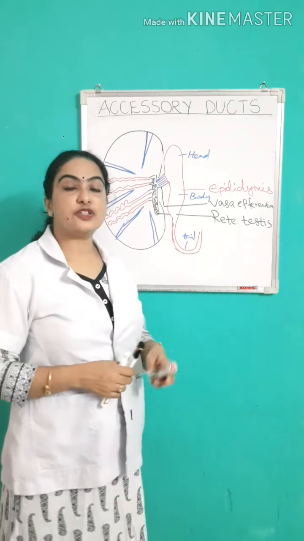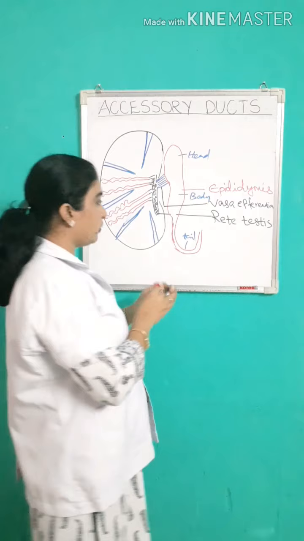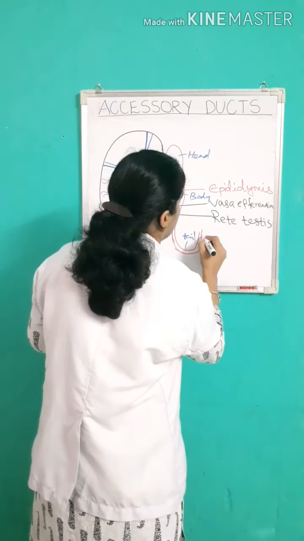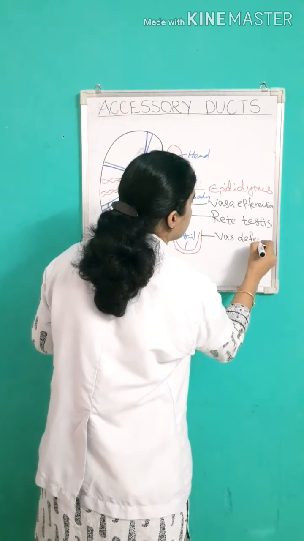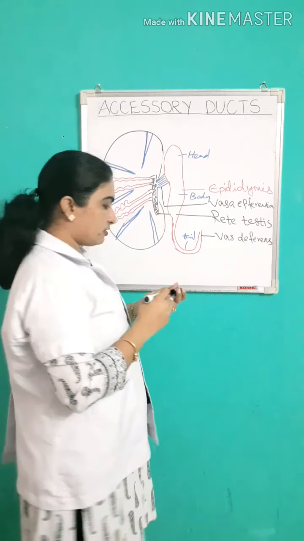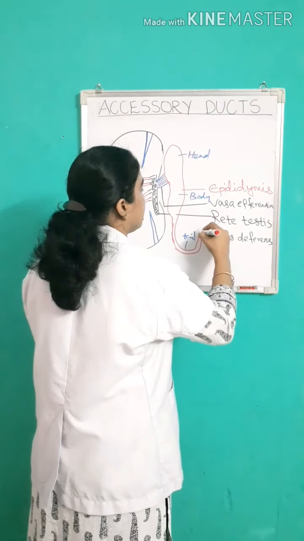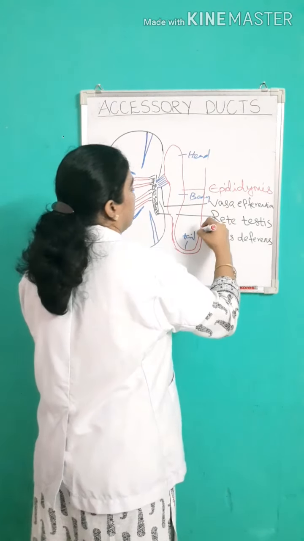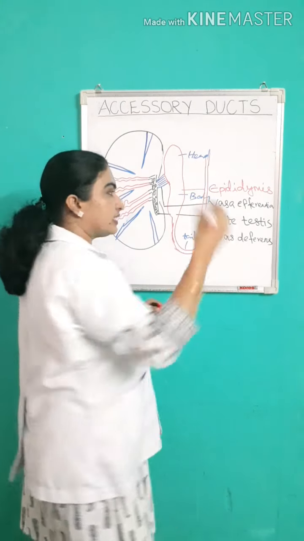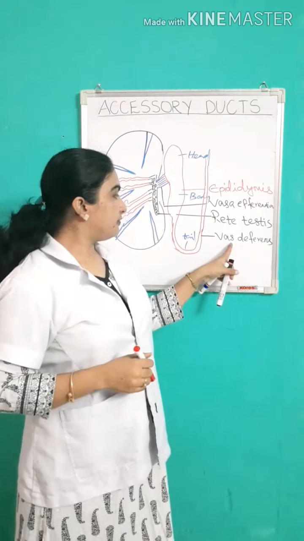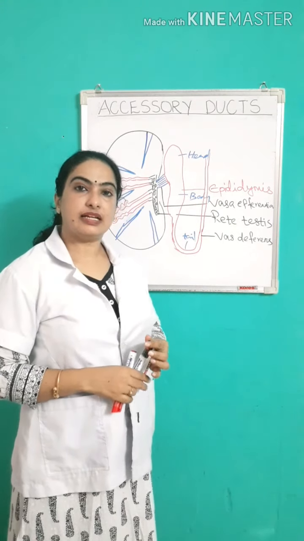The tail part of the epididymis leads into another duct which is known as vas deferens. The vas deferens ascends up to the abdomen, which we can see later.